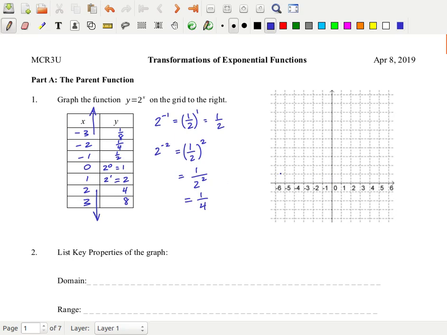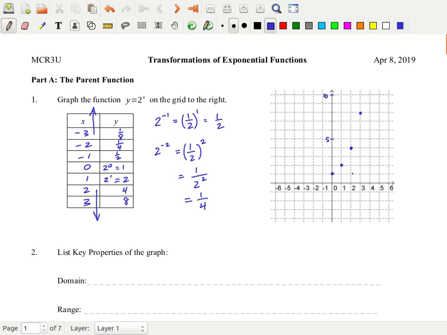And so I can graph this. When x equals 0, I have a value of 1. When x equals 1, I have a value of 2. At 2, I have a value of 4. At 3, I have a value of 8. 1, 2, 3, 4. Just put a little bit of a scale on there. There's 5, 6, 7, 8, 9, 10.